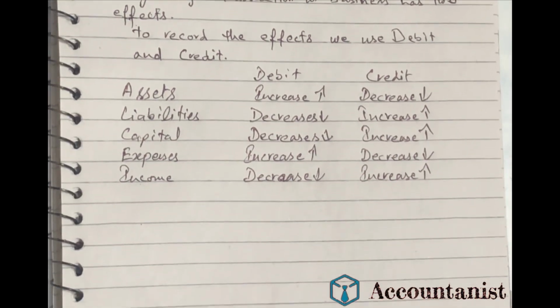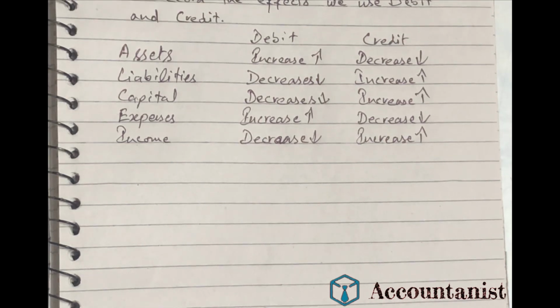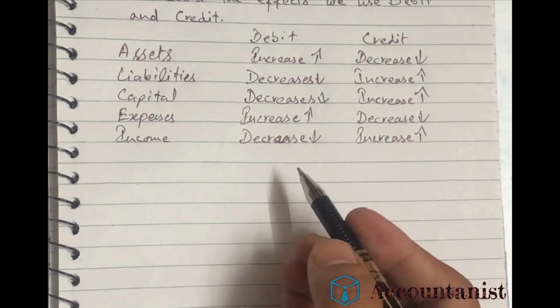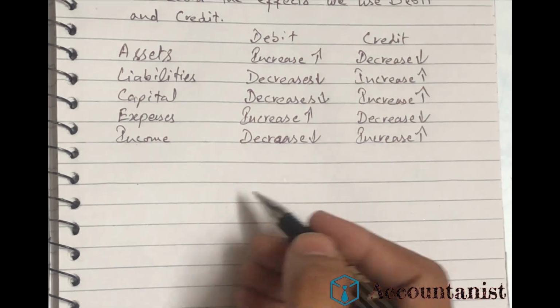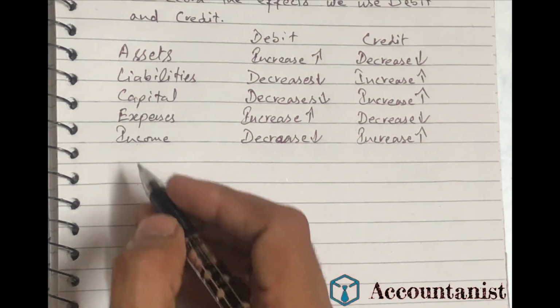Now I would like to show you how to record these double entries in a format. For that we need to make some entries. So let me write down some entries.